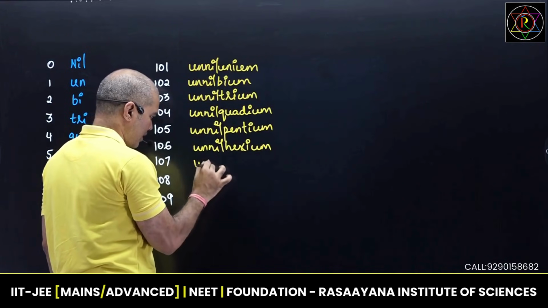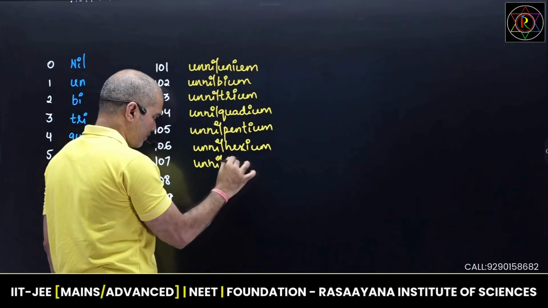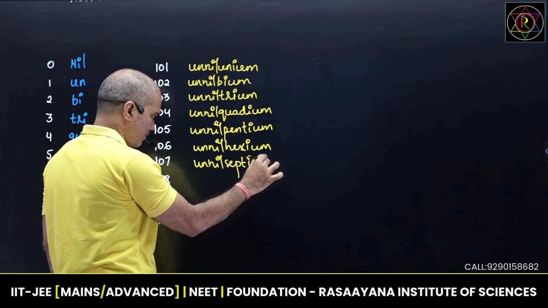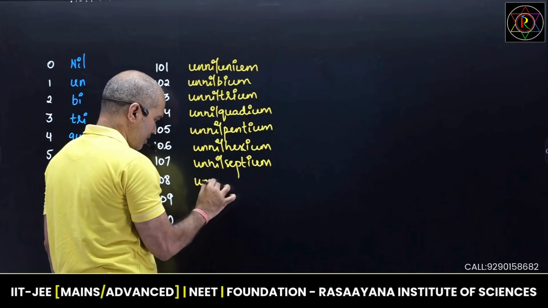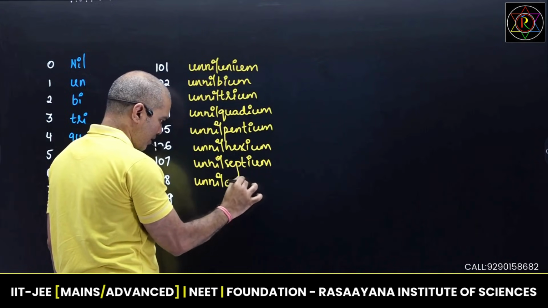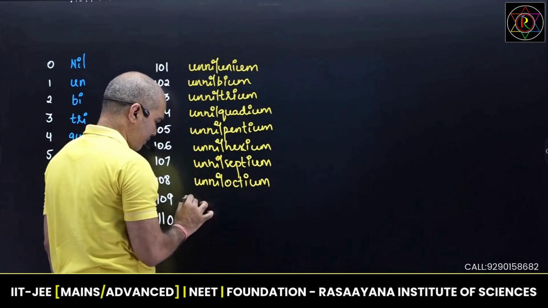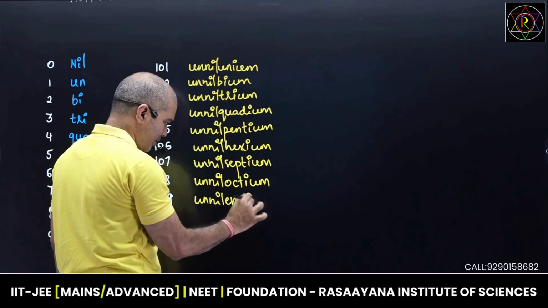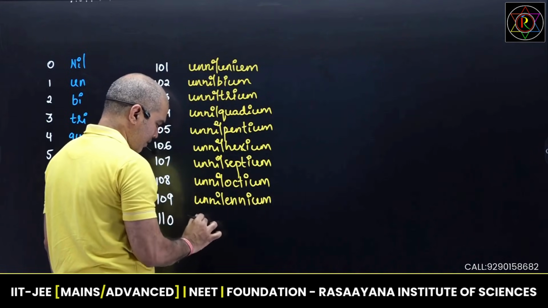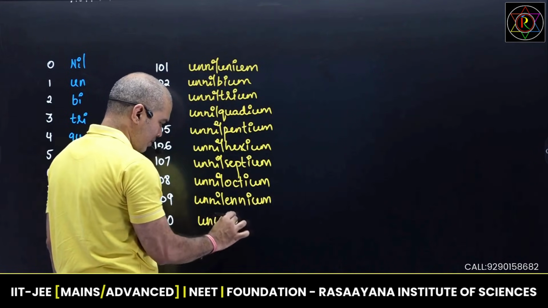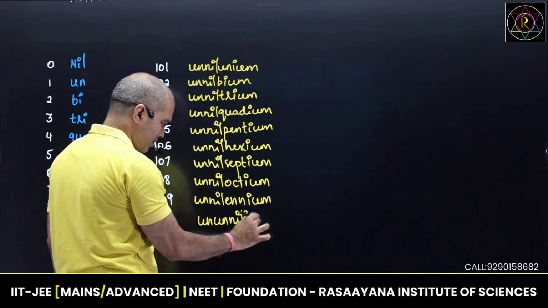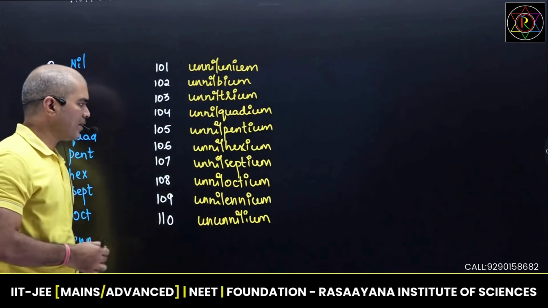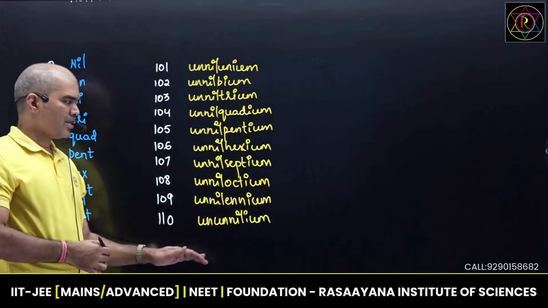Un, nil, sept. Un, nil, septium. Un, nil, oct. Un, nil, octium. Un, nil, n. Un, nil, ennium. The last one is un, un, nilium. This is up till 110.